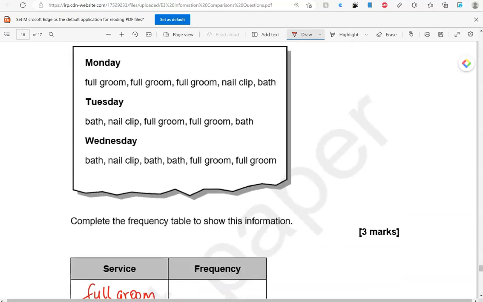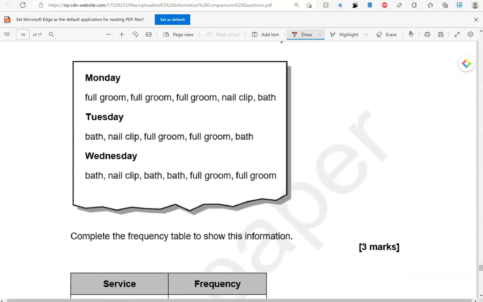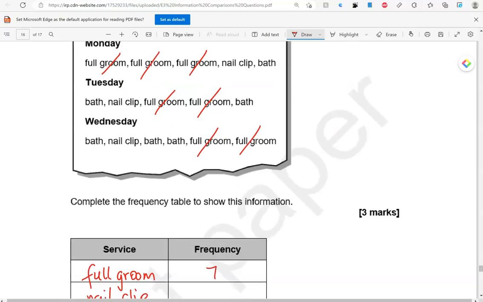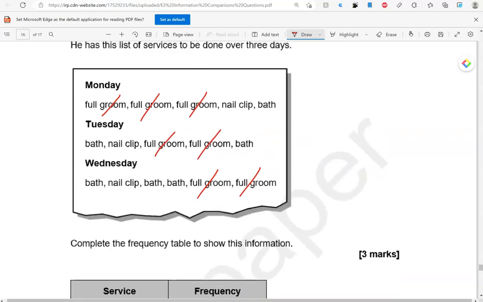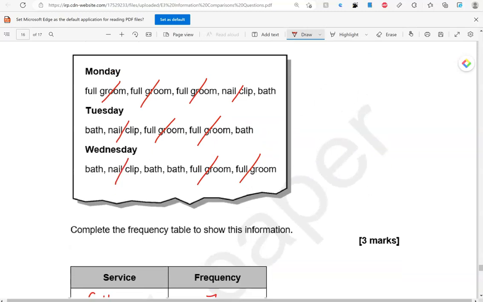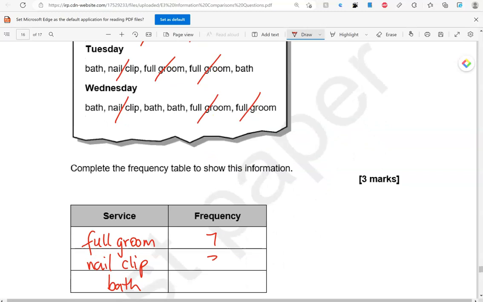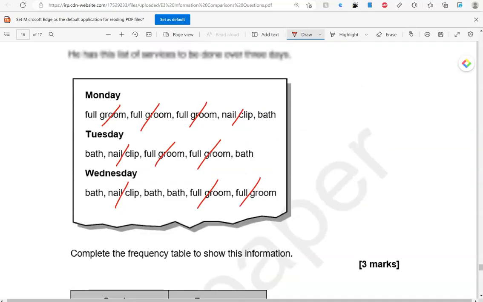Frequency, how many? Let's start with full groom. So we've got 1, 2, 3, 4, 5, 6, 7. Nail clip, we've got 1, 2, 3, and bath, we've got 1, 2, 3, 4, 5, 6.